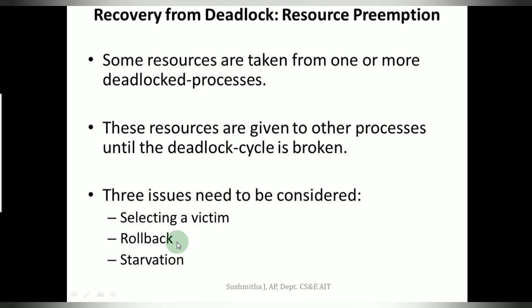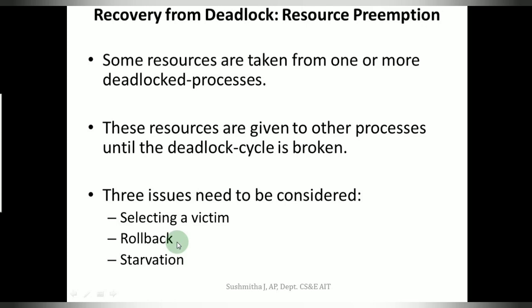The last issue is starvation. There are times the same process is always selected as the victim process. So we have to make sure that a process is selected only a finite number of times as a victim.